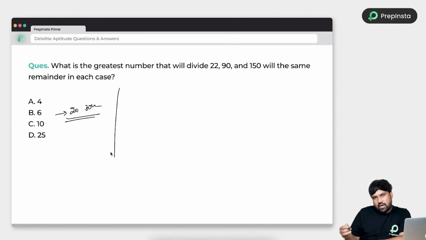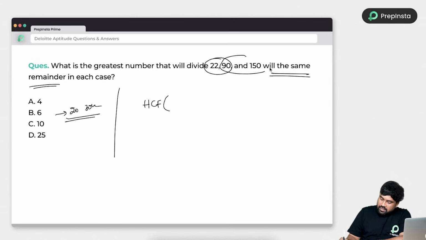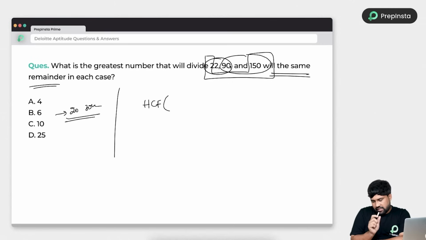But if you use another alternative method, which is a procedure-oriented method, to find the answer for this particular category, you need to find the differences and then the HCF. So difference of HCF means what? 22 and 90 difference is 68, 90 and 150 difference is 60, and 22 and 150 difference is 128.